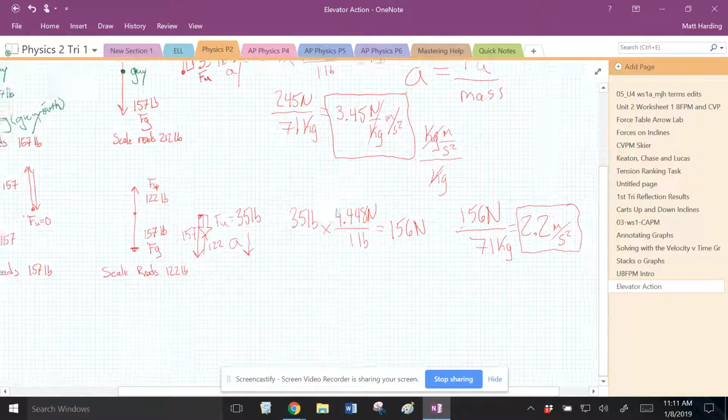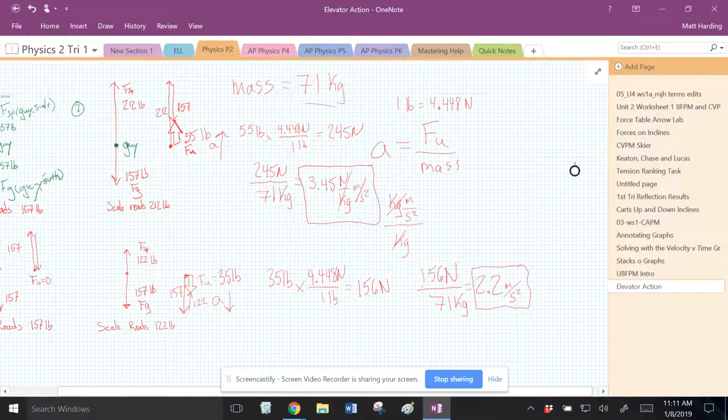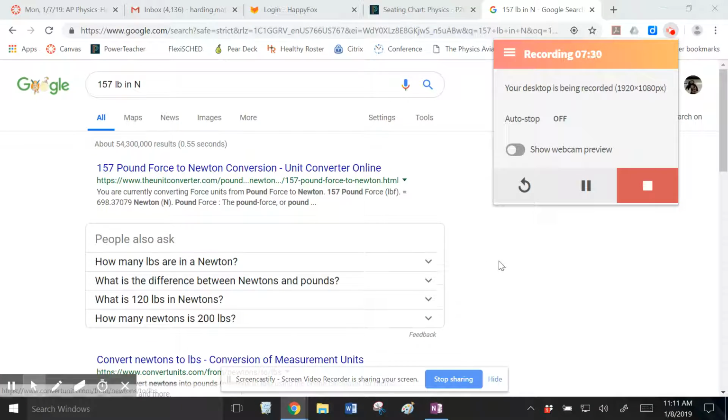So long story short, I technically should be calling this negative 2.2 meters per second squared because the acceleration is opposite the direction of motion. Motion's up, acceleration's down. All right, we'll call that good there.